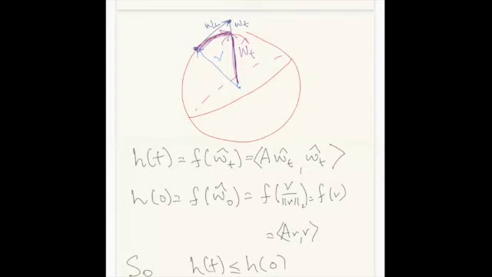A lot of these concepts go further into optimization than we would really like, but all we need here is that these are points on the sphere. This is the function at those points. So because 0 is the maximum, that's where h of t is less than or equal to that.